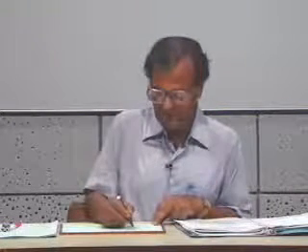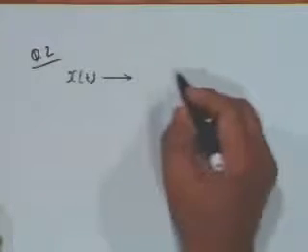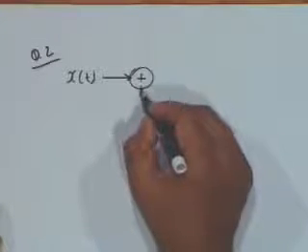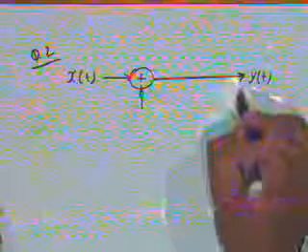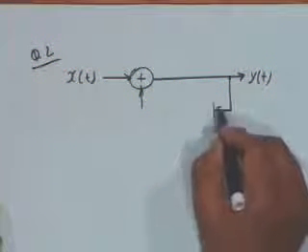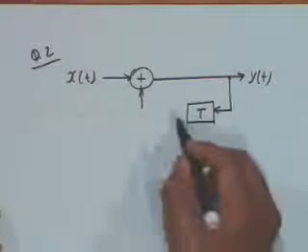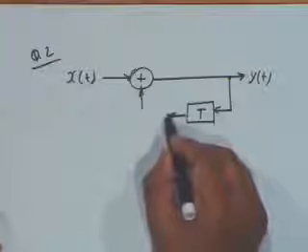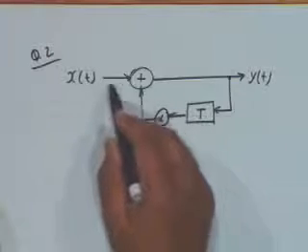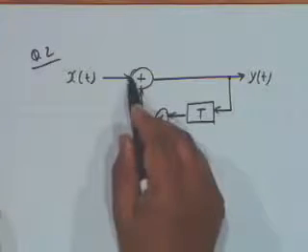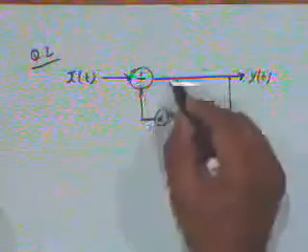It says there is a feedback system. This is question number 2. Feedback system x of t, and then there is a feedback. This goes directly to y of t. Y of t is then delayed by a quantity capital T and then multiplied by a quantity alpha. Feedback, because x of t is the given signal, and part of the output is fed back to form the effective input.